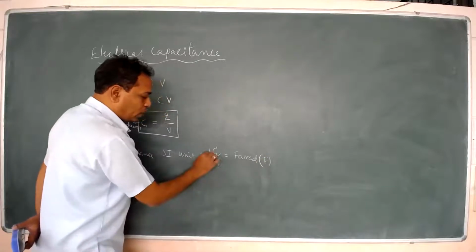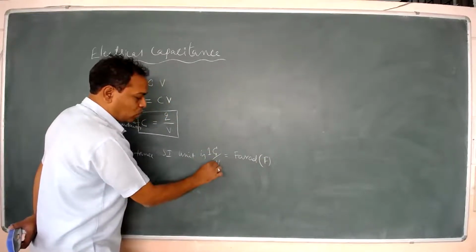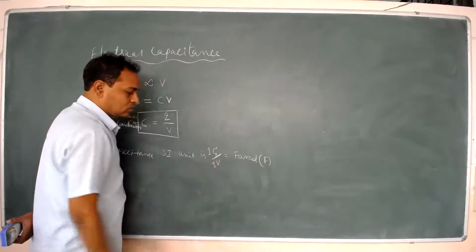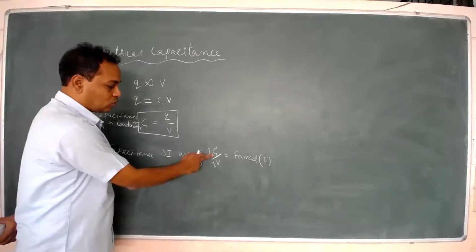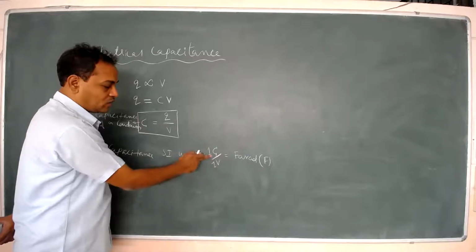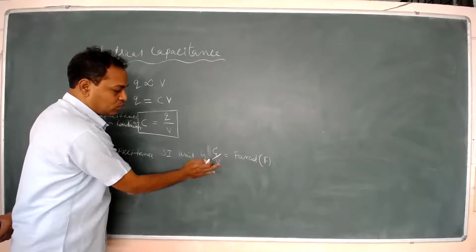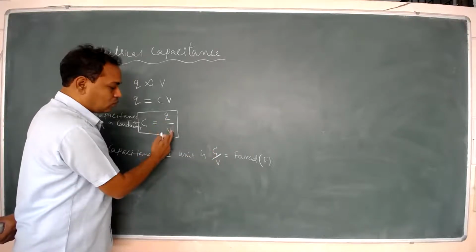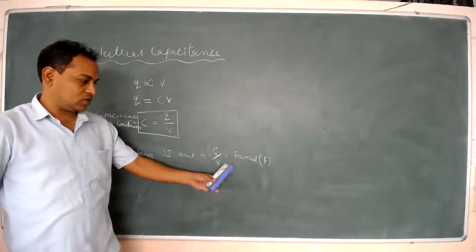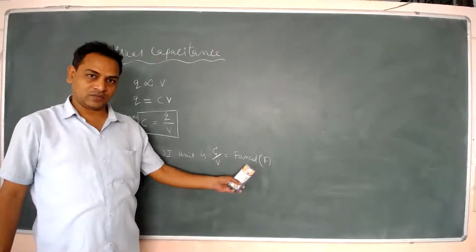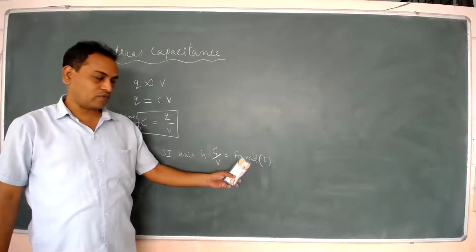That means 1 coulomb per 1 volt is called 1 farad. Coulomb per volt is called farad, which is given by the name of a scientist.